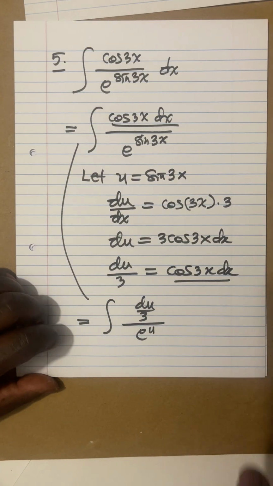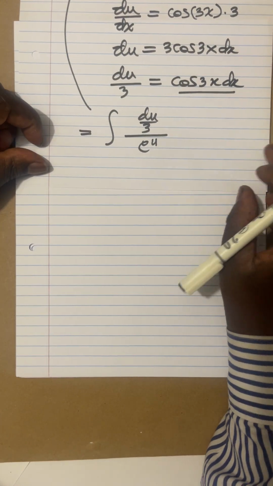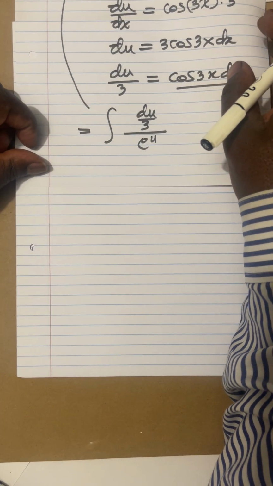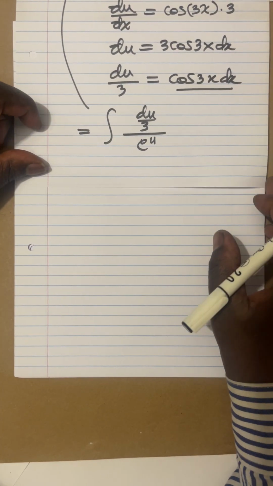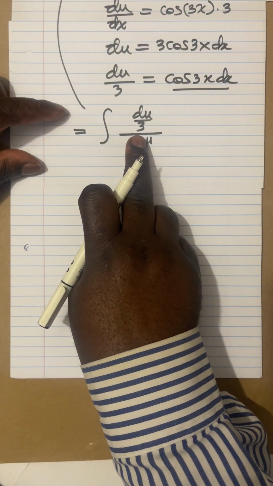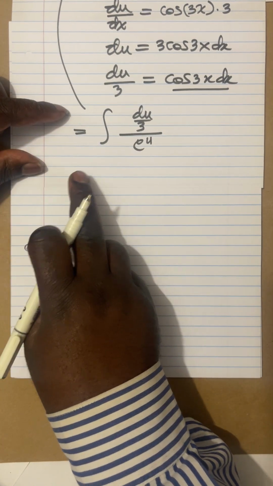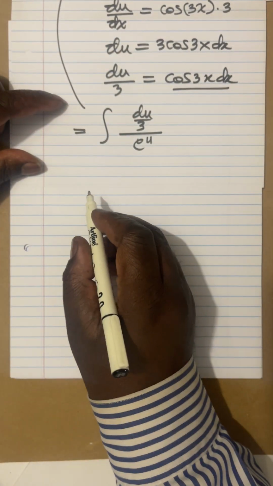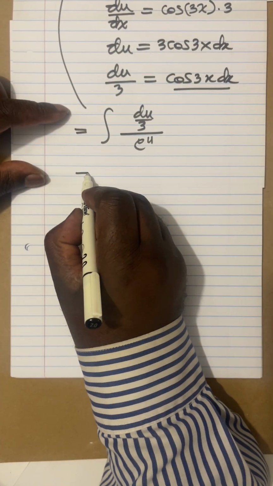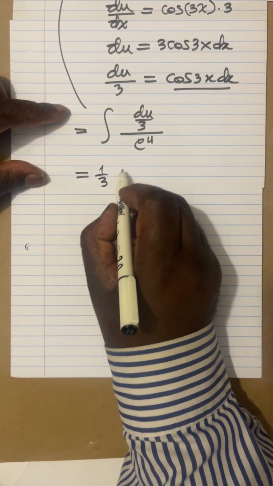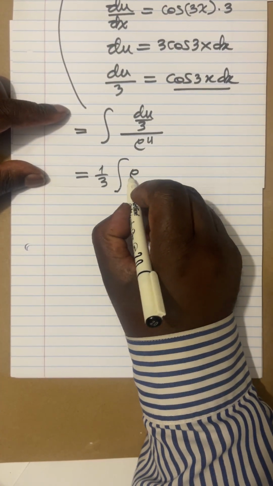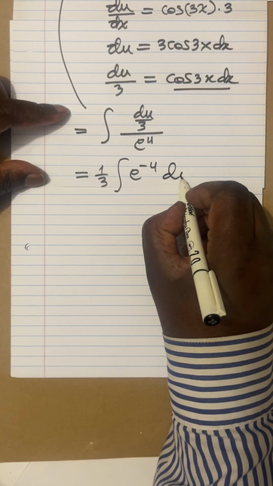Now we have to rewrite this integral as follows. We're going to take the 1/3 out, and we're going to take the e to the power u up. So this integral changes to 1 over 3, the integral of e to the power minus u du.